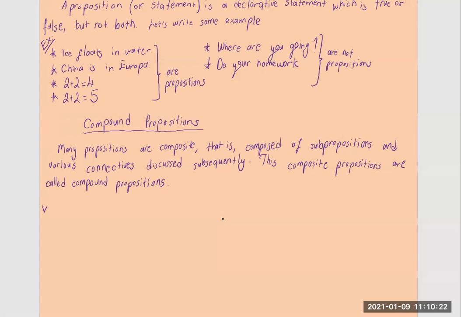Let's write the example. Roses, okay, this is the example. The roses are red and the violets are blue.